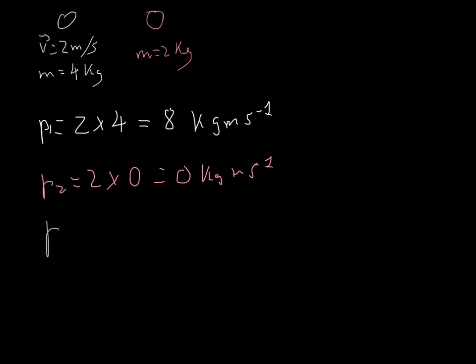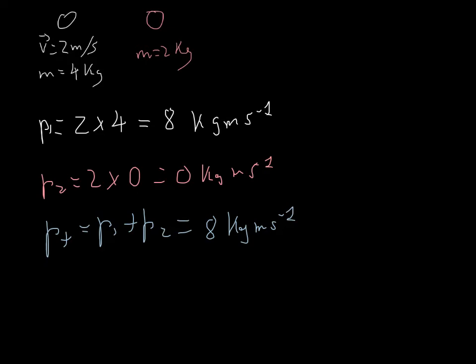Well, the total momentum is just the sum of both momentums, so it's 8 plus 0, that's 8 kilograms meters second to the minus 1. And what does the law of momentum conservation say? Well, what it says is that once these two things have collided, since there's no external forces, the total momentum has to be the same.